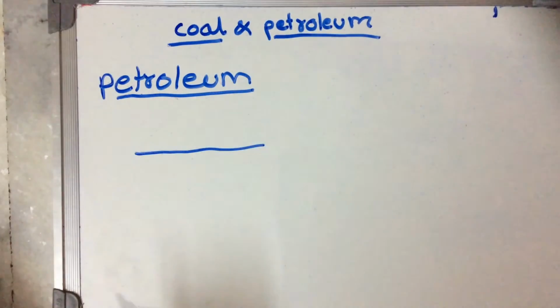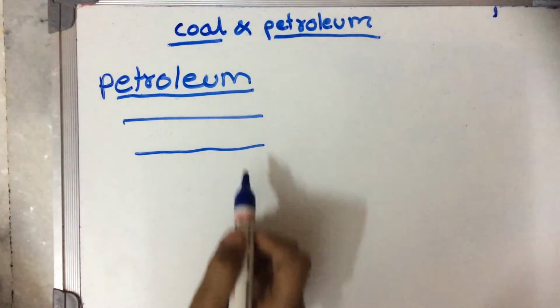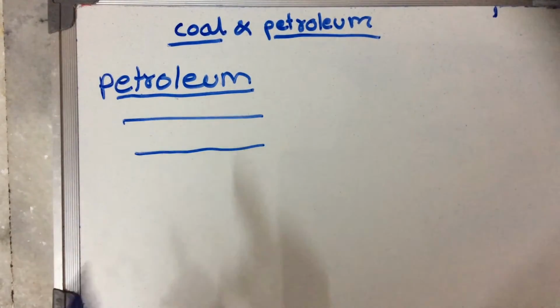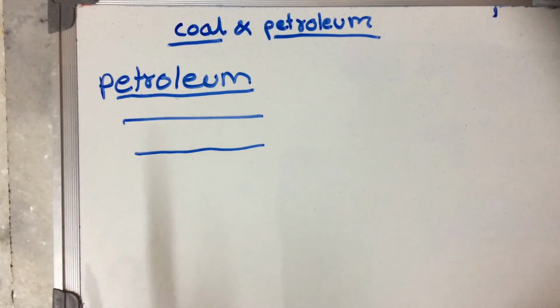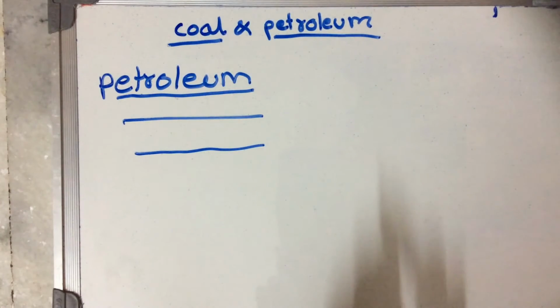It compressed them like coal. They got buried, and anaerobic decomposition means the absence of oxygen. This is the main point. So, in the absence of oxygen, decomposition happened, and these extremely small sea animals and plants turned into petroleum.